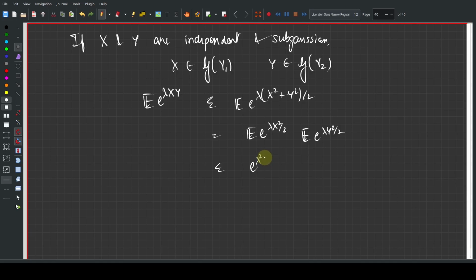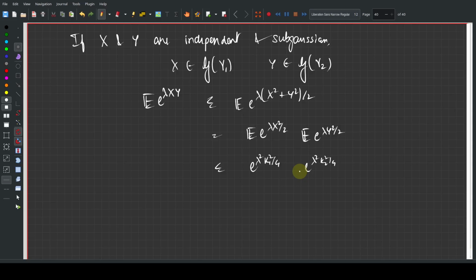Okay, so some constant times constant squared by 4, let's say k1 squared by 4, e to the lambda squared times k2 squared by 4.